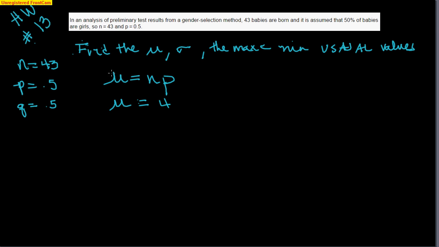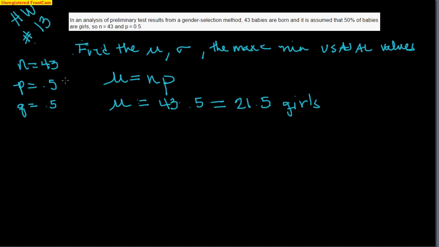The mean is going to equal 43 times 0.5, and that is going to work out to be 21.5. So the mean number of girls in a set of 43 babies would be 21.5 girls.